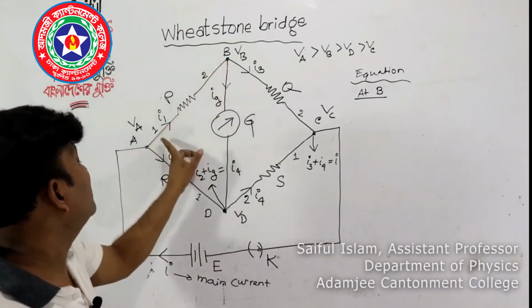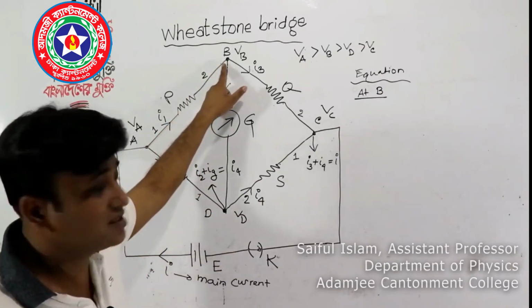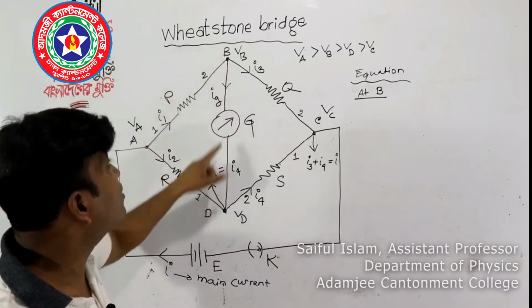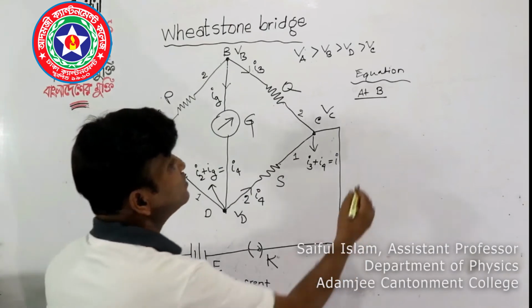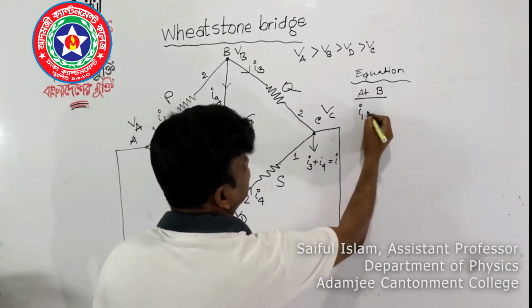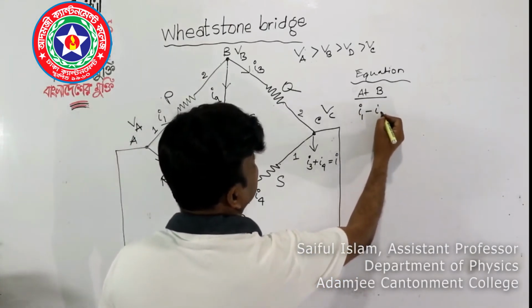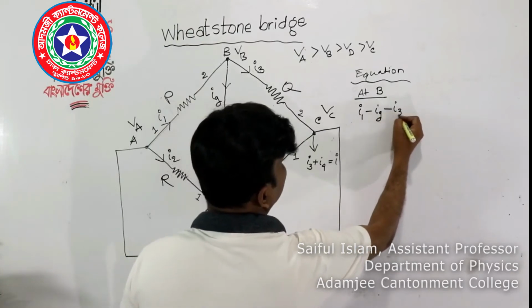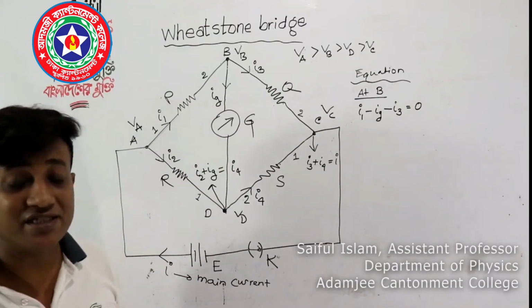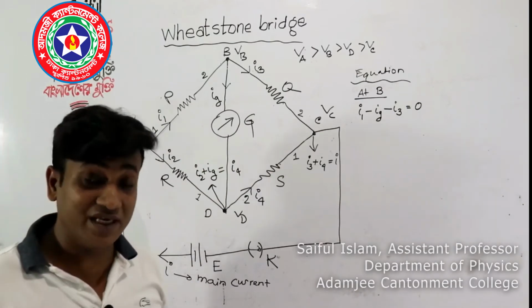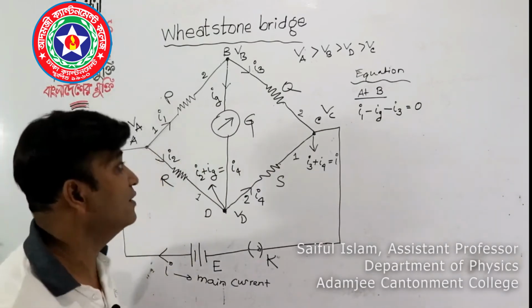Here at point B, I1 is the incoming current, and Ig and I3 are outgoing currents. So according to the junction law, I1 minus Ig minus I3 equals 0. Here Ig and I3 are minus because they are outgoing currents.